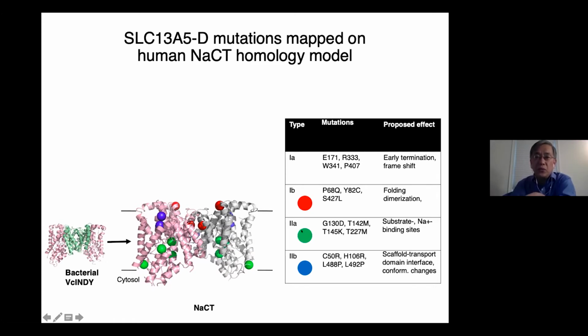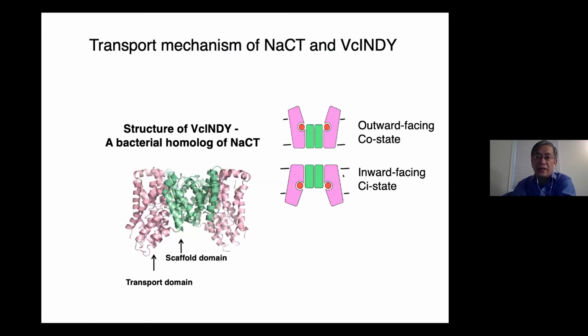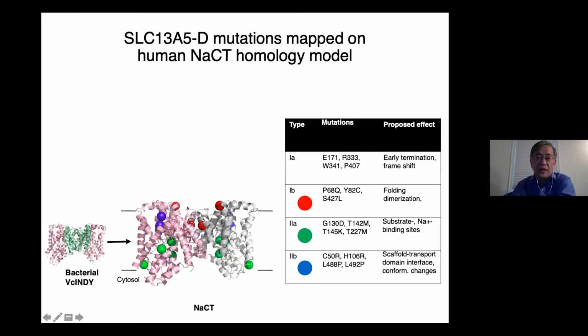Type 2A are mutations near the substrate binding site or the sodium binding sites. Type 2B are those mutations that affect the movement of the transport domain. Say, if the mutation is at this interface, it blocks the transition of this domain from this state to that state. So we could classify those mutations.